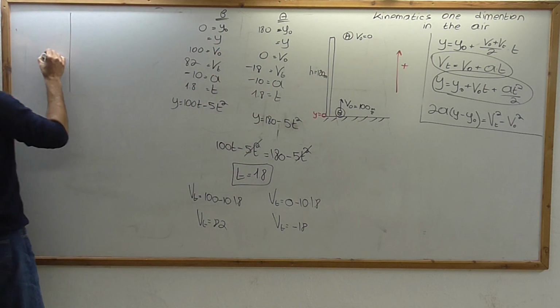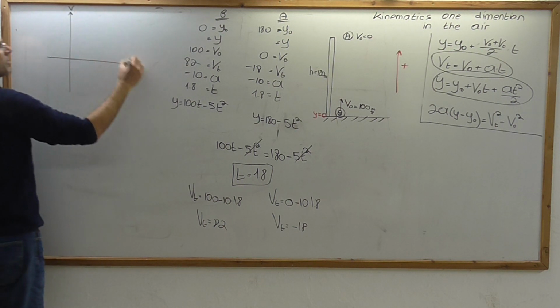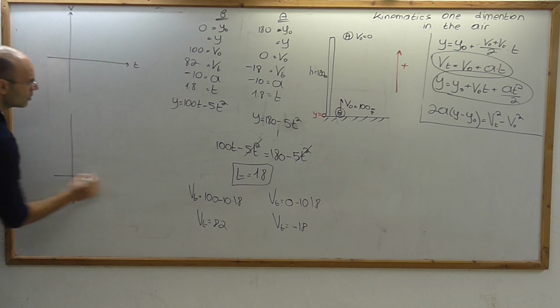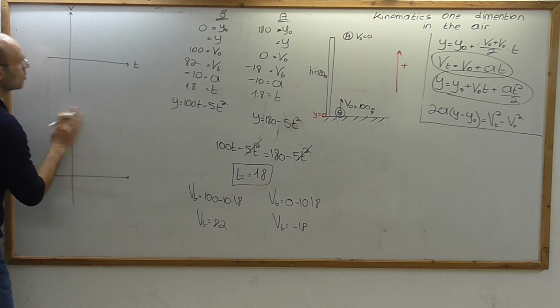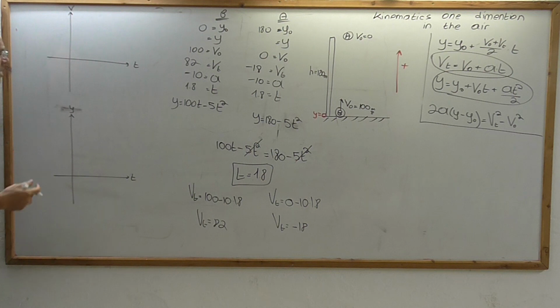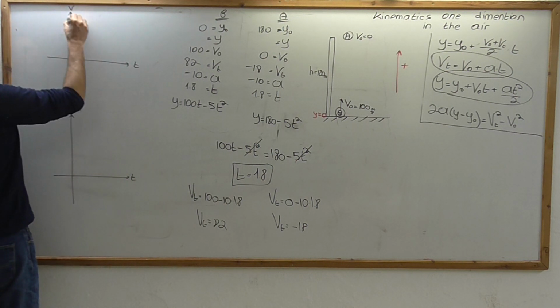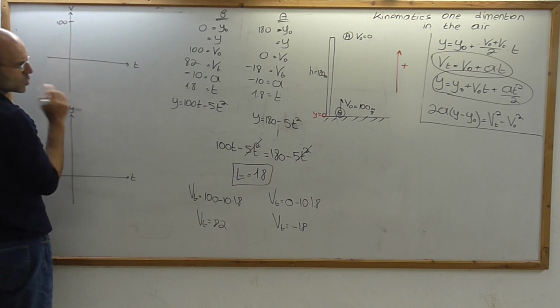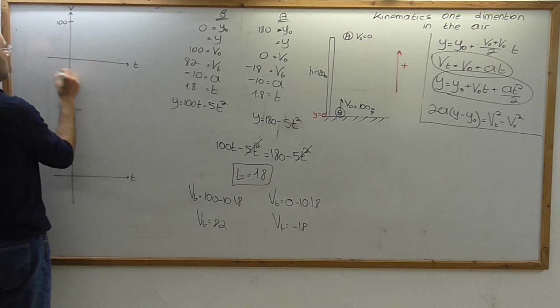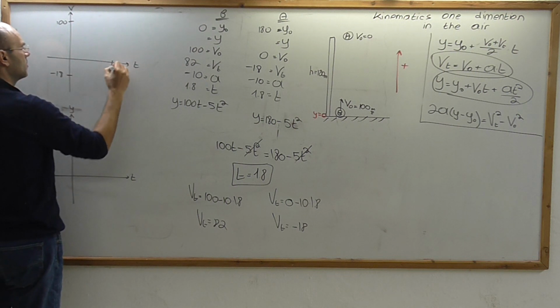Okay, now let's draw. I want to know two graphs, okay? Let's draw the v over t. Let's also draw the y over t. I want to see both of the graphs. V over t. We had velocities 100. We add also minus 18. And the time was 1.8.